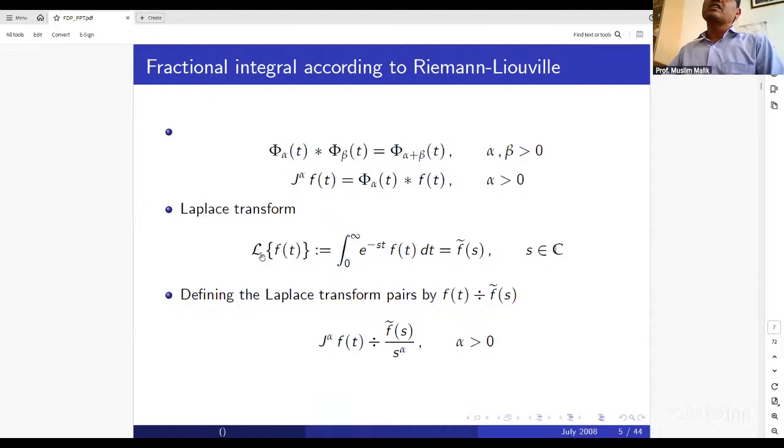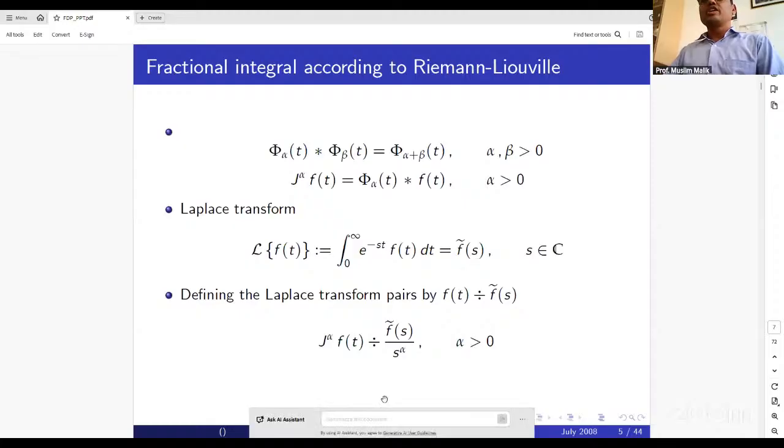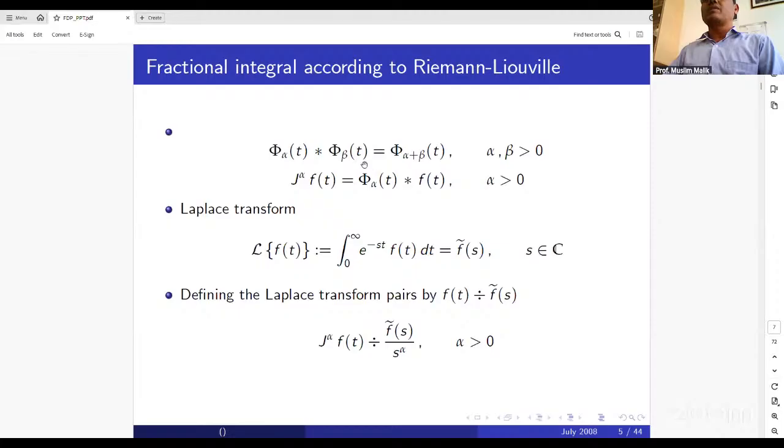The Laplace transform of J alpha f of t is equal to the Laplace transform of phi alpha convolved with f of t. So this is L of phi alpha t times L of f of t, and we denote the Laplace transform of the function f by f tilde of s.